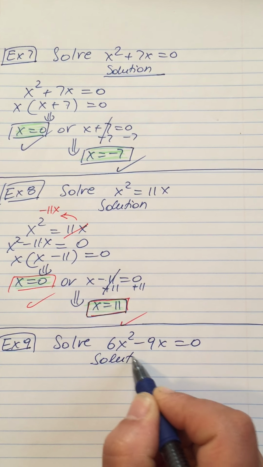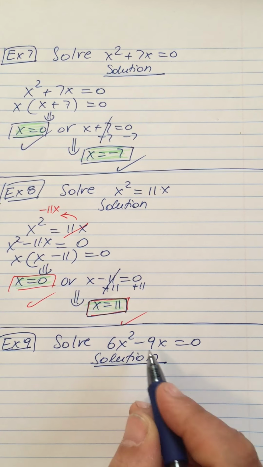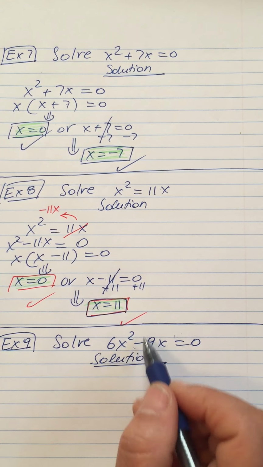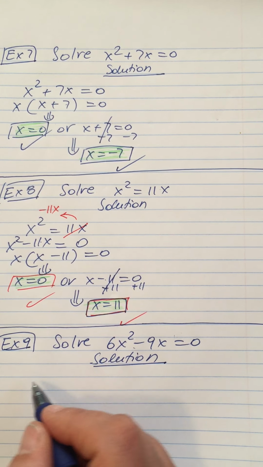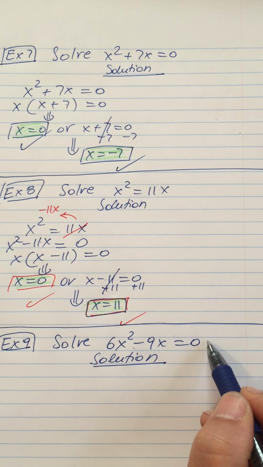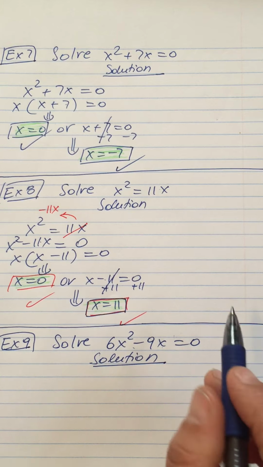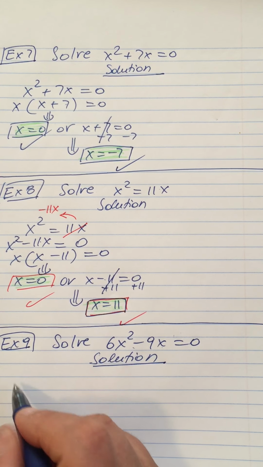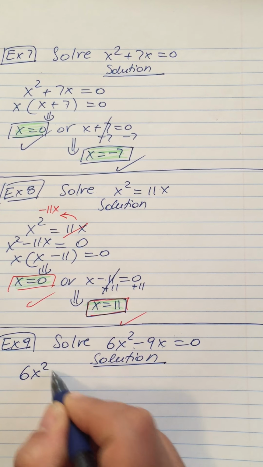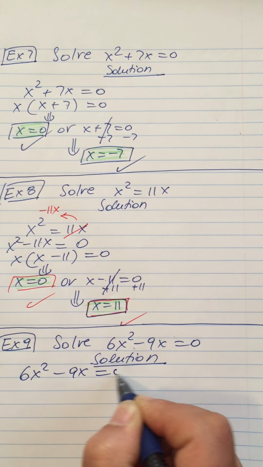Both terms, even though the constant is missing, are on the same side. So remember, all the time that you use factoring, you need one side of the equation to be 0, okay? So let me rewrite now 6x squared minus 9x is equal to 0.